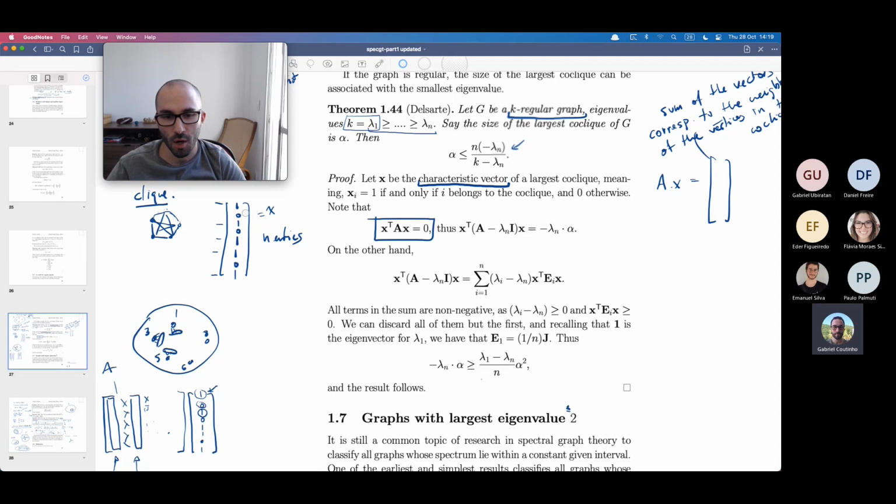No vertex of the co-clique is a neighbor of any other vertex in the co-clique, because that is the definition of a co-clique. None of these guys are neighbors to any other. So the intersection between the co-clique and the neighborhoods of the vertices in the co-clique is 0. And this is exactly what this equation is saying.